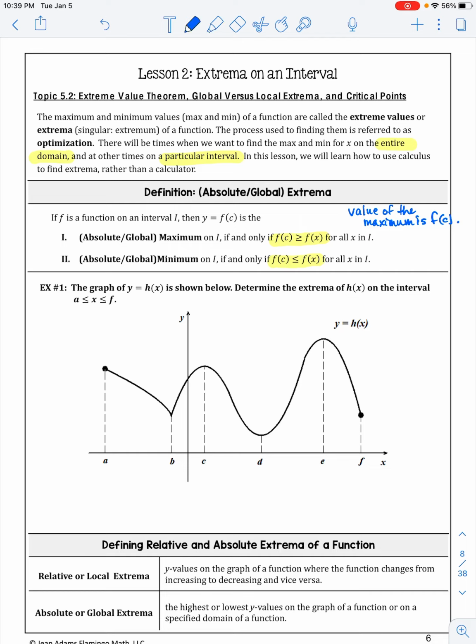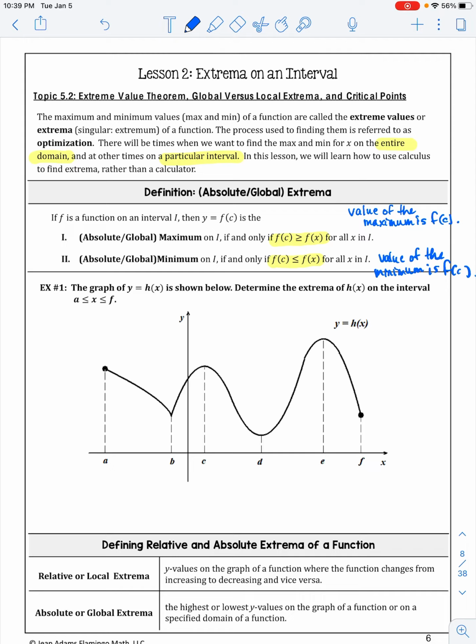Okay, so again, it's happening at c, but the value of the minimum is f of c. Okay, it's really important that you understand if they're asking for the value, that you're giving them the y value of the function. If they're asking for where it's happening, you're giving them the x value of the function.